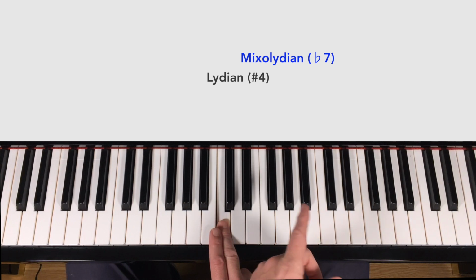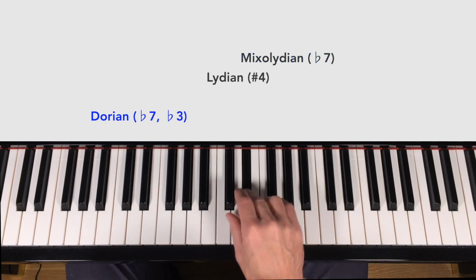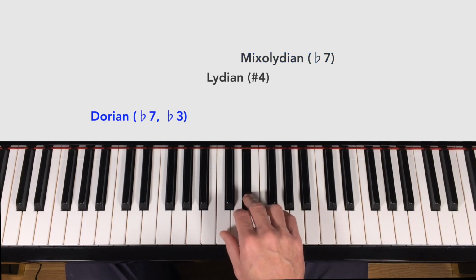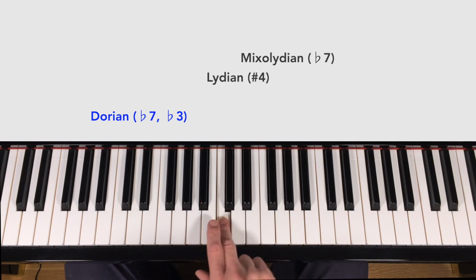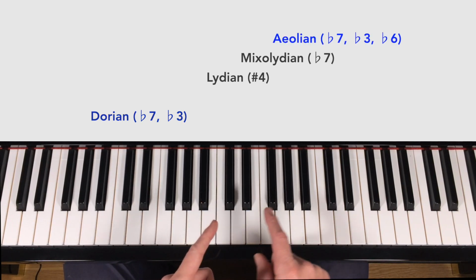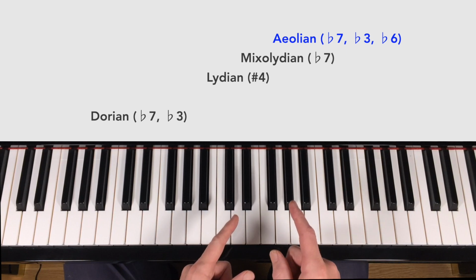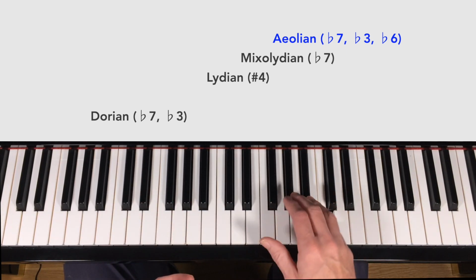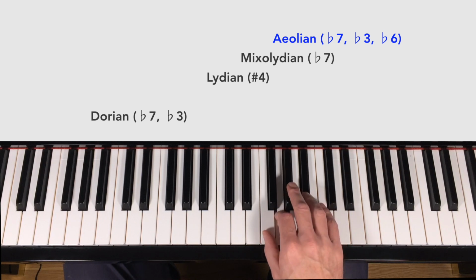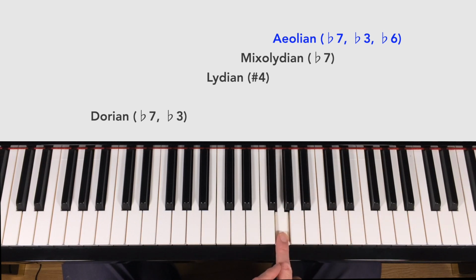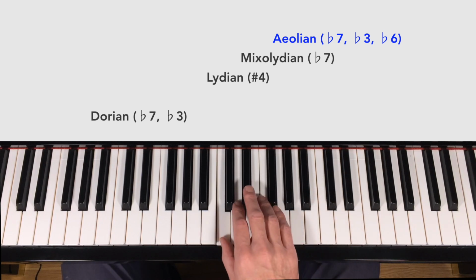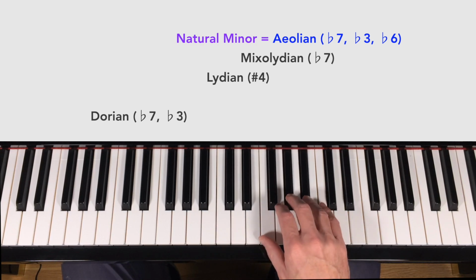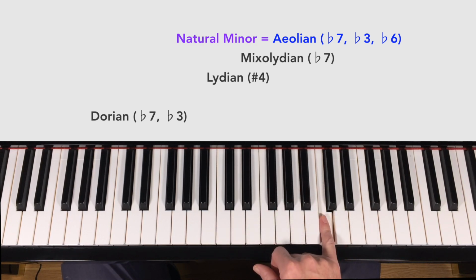If I flatten the seventh and the third, I've got the Dorian. If I flatten the seventh, the third, and the sixth, I've got the Aeolian. And you're probably spotting something there, because the Aeolian mode is also the natural minor.